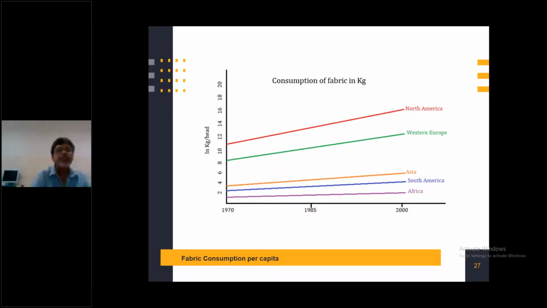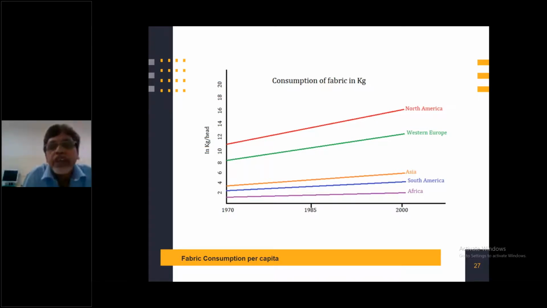That means if there are changes in their GDP and the level of Africa, Asia, and South America improves, automatically the per capita consumption of fabric will increase and demand will be higher and higher. So you need high productive machines.